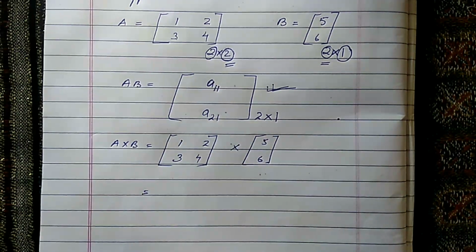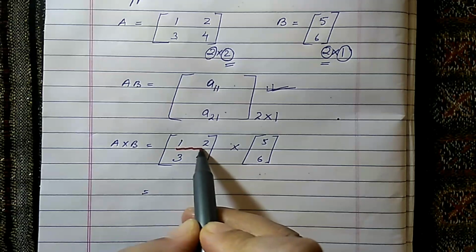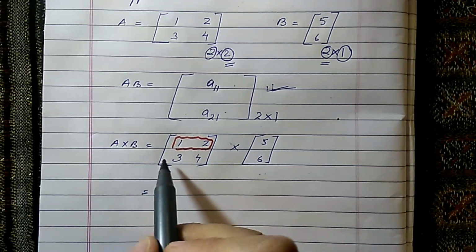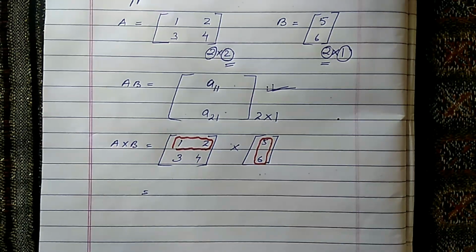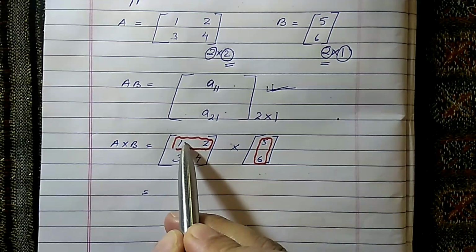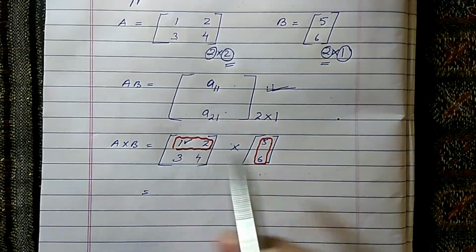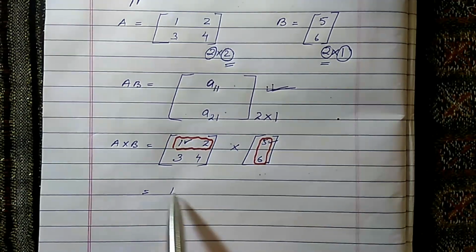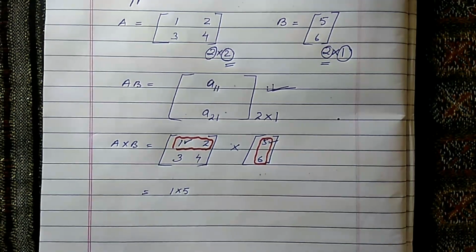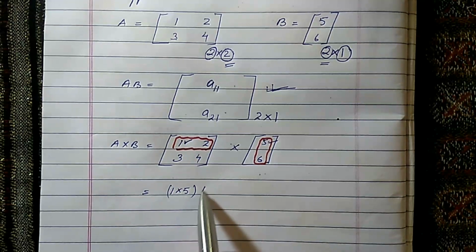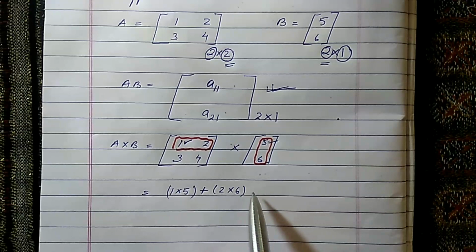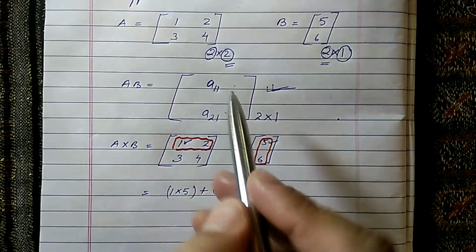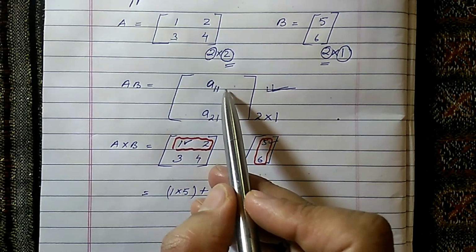That means the first row of matrix A should multiply the first column of matrix B. So how do we multiply? We multiply 1 into 5 and then add it with 2 into 6. When we simplify this, this becomes our first element A11.